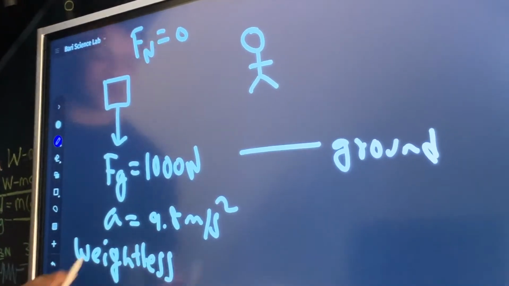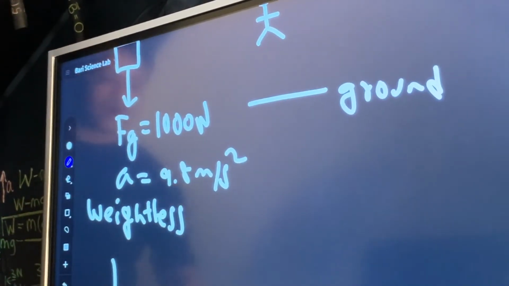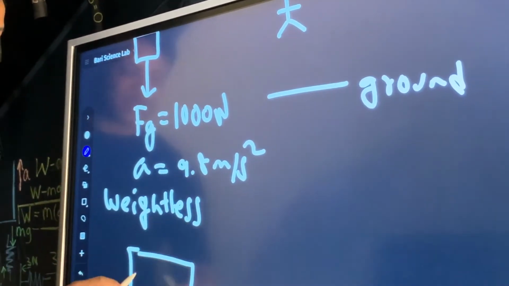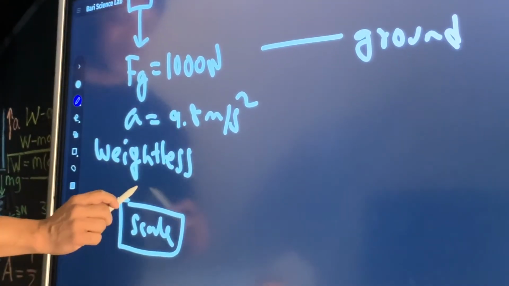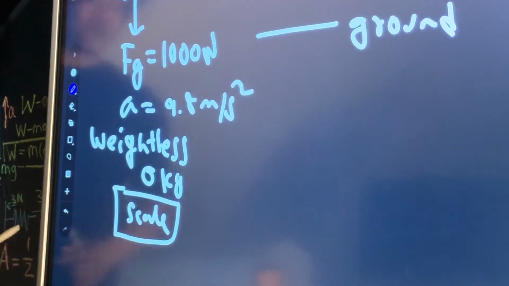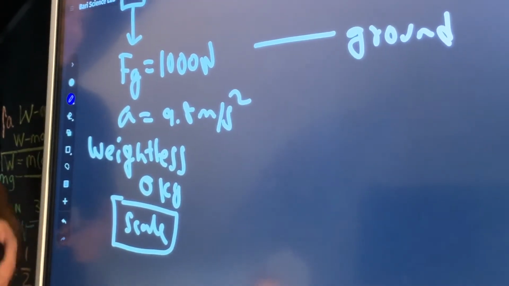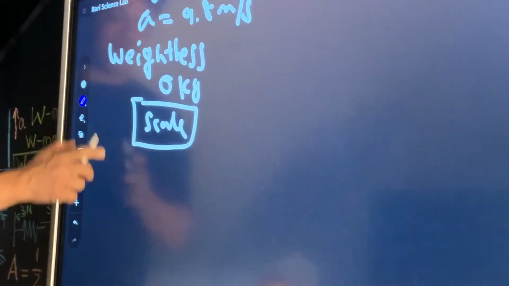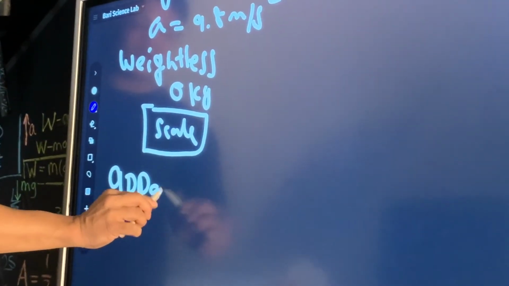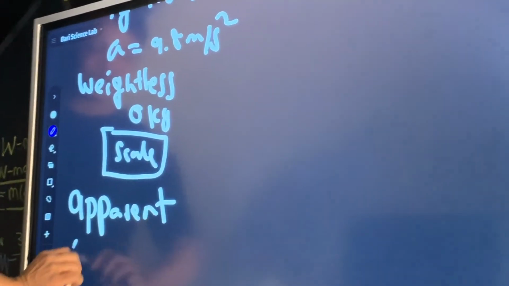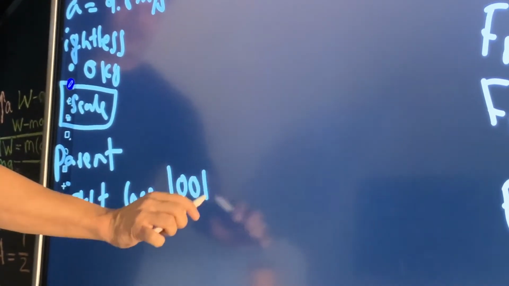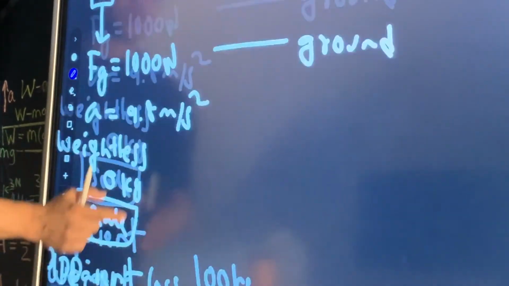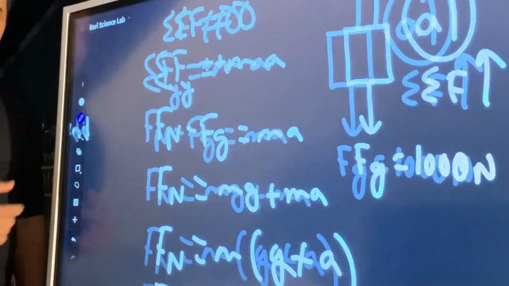How weightless? If you put a scale underneath the person's feet, what will the scale read? The scale will read 0 kilogram. So what is the apparent weight loss? The apparent weight loss is 100 kilogram.